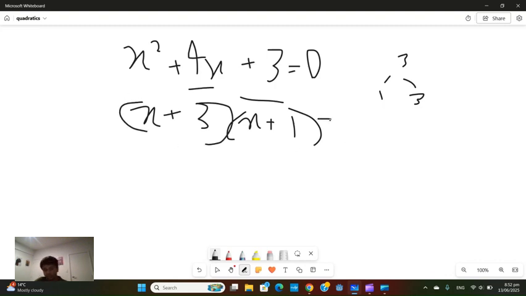Now, that's equal to 0. So now we can do the division thing, and then we end up with x equal to negative 3 and x equal to negative 1. Those are our answers. Good job, guys.